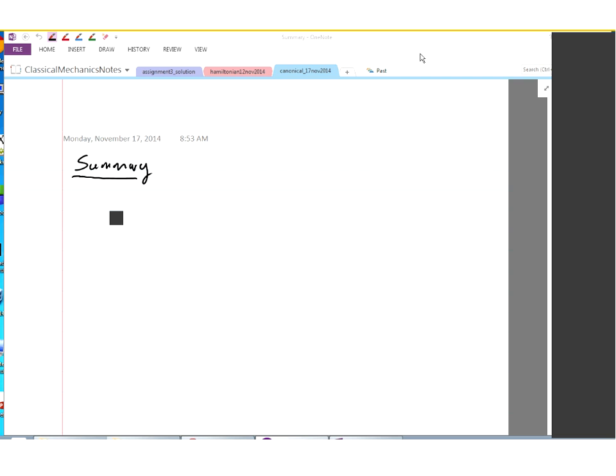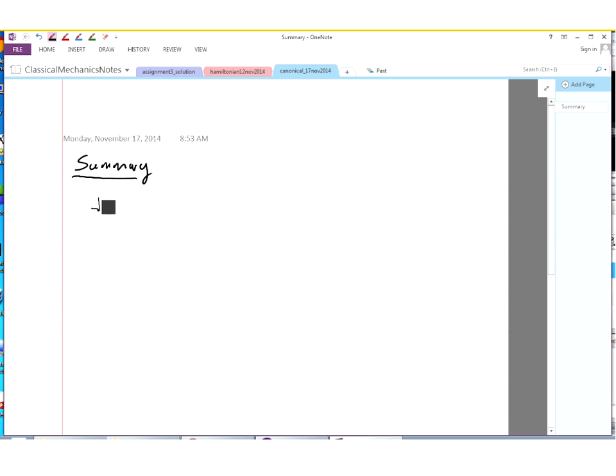So let's start with a summary. We had looked at the Hamiltonian, which was defined to be the sum over i from 1 to n of p_i q_i dot minus the Lagrangian.